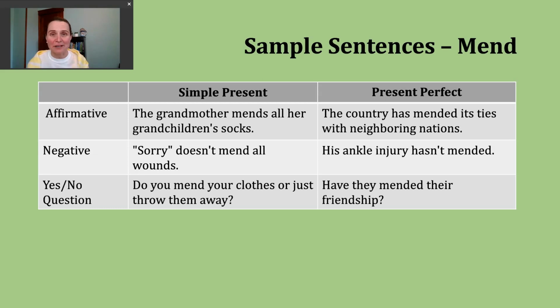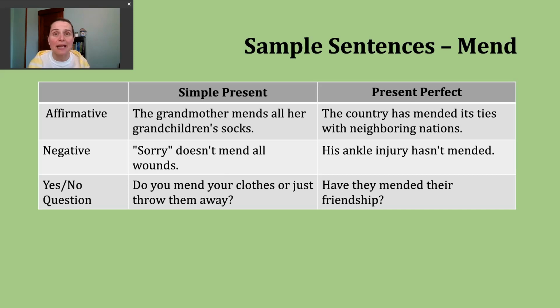And in my experience with students, the most difficult thing to remember is how to form the verb here in the simple present. So we need to pay attention to our subject. In the affirmative or the positive, if my subject is I, you, we, or they, I'm just going to use the base verb. Okay, no special endings. However, if my subject is he, she, or it, then I'm going to add an s to the end of this verb.